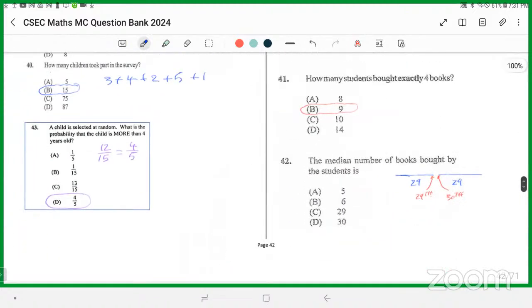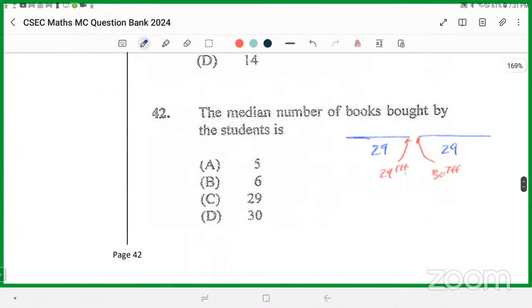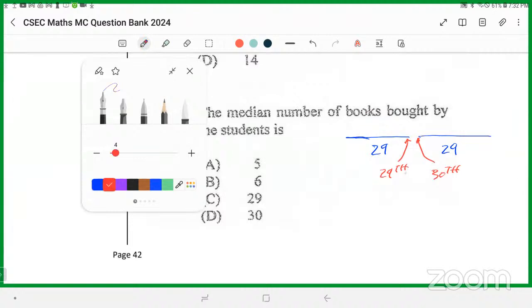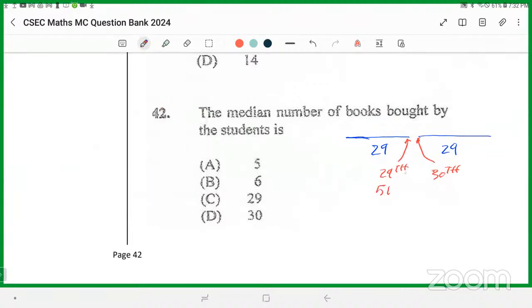So if you come down, you're going to say 5 books. This person had 5 books, and this person also had 5 books. So the average of these 2 values is 5. So this is the median, 5 books.